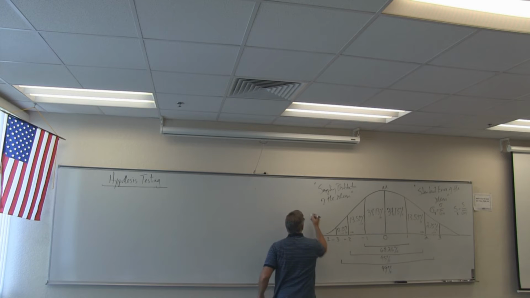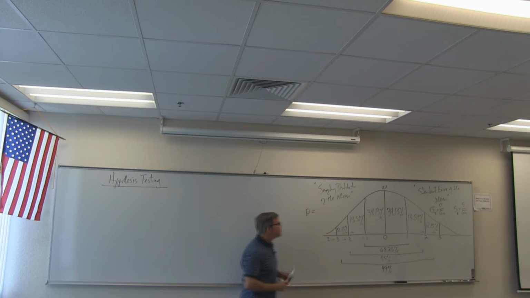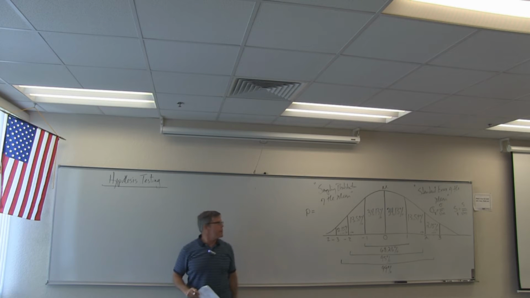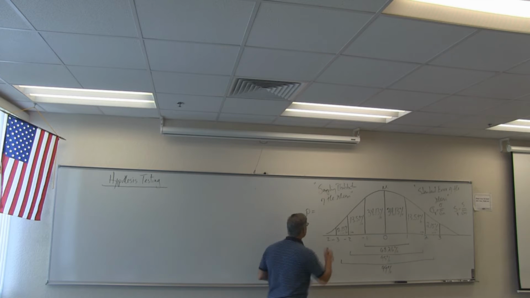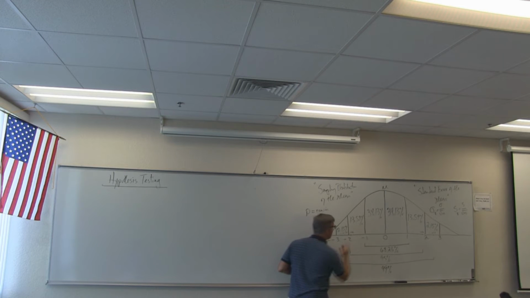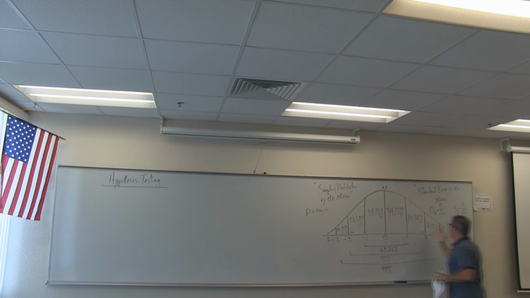We have this thing called P. And we're going to be using P the rest of the semester. I want you guys to think of P as the region. This is a region in the tails, the region beyond a test statistic's critical value.